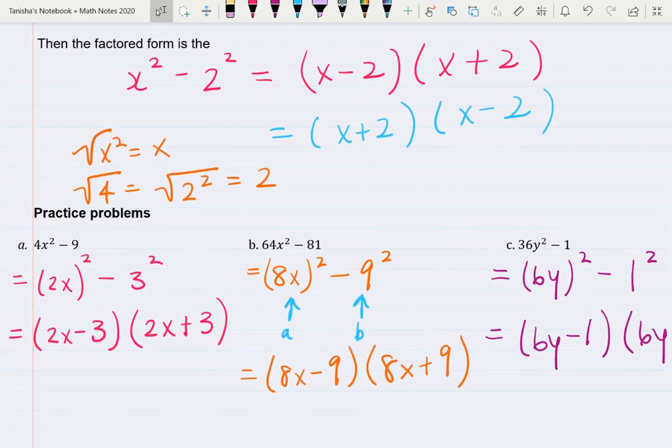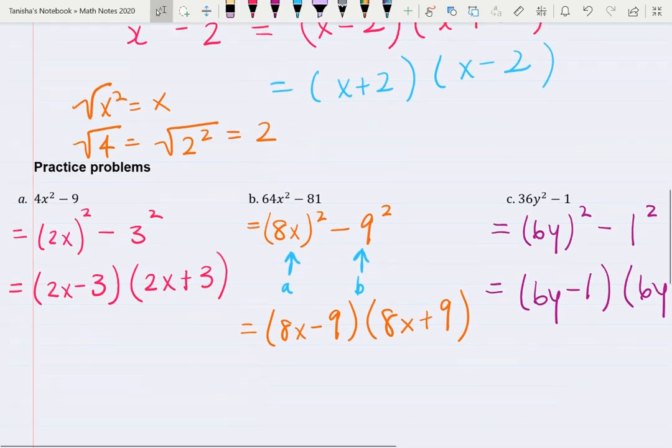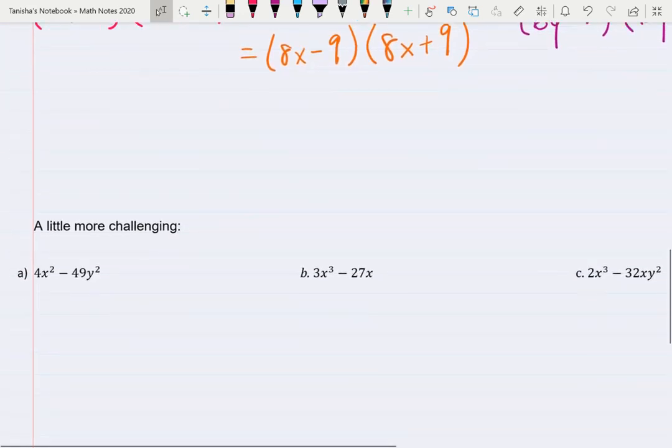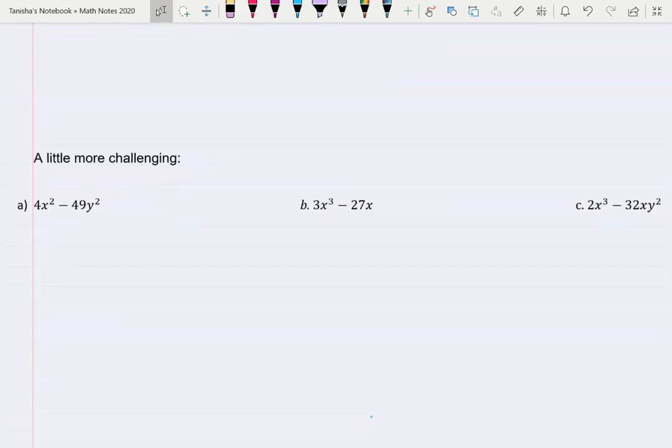Okay. So let's try some more difficult problems. A little bit more challenging. Remember when we were doing the other types of factoring problems? Make sure that the first factoring method that you look for is common factoring.